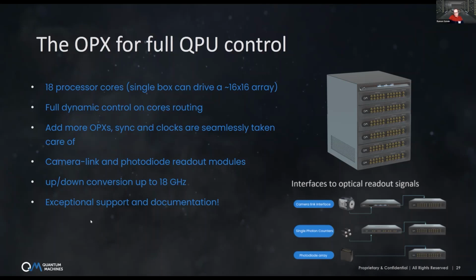And support is beyond documentation. We are a very hands-on company. We like to say that we are as hands-on as you allow us to be. Typically before a customer buys a system, we meet with him, we understand his physics, and we write a few sequences so that when he installs the system, he's up and running. An installation typically takes several days, where we meet beforehand and discuss the particular sequences that you want to run.